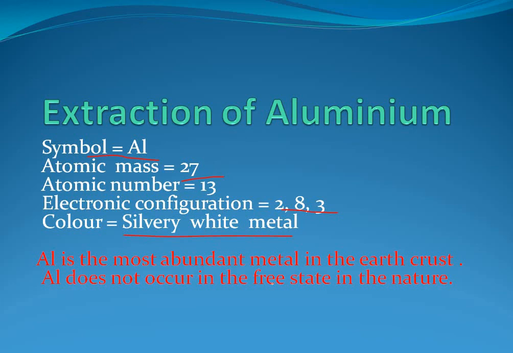In the Bayer's process, only and only the alumina we are getting. It means we are removing the rest of the impurities from the aluminium ore, and after this process we carry out another reaction, that is the Hall-Heroult process. In that process we are reducing that alumina, that is Al2O3, and we are getting our pure metal, that is aluminium.